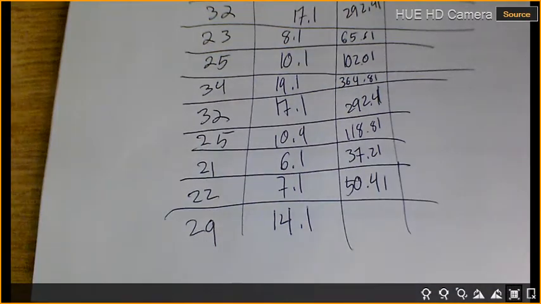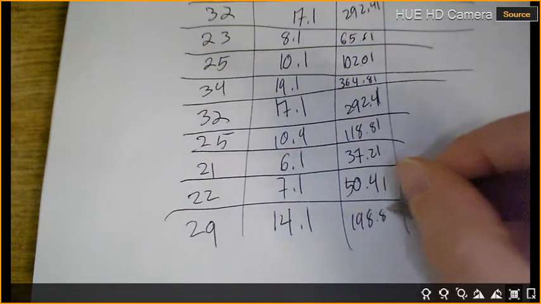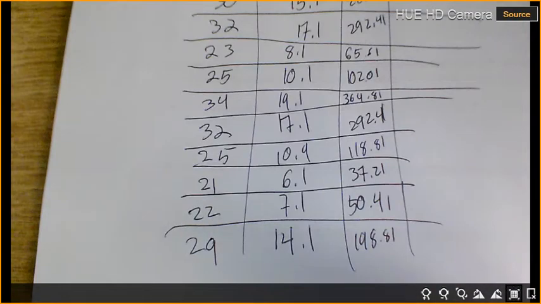And 14.1 squared gives me 198.81. Now we're going to add all of these up.